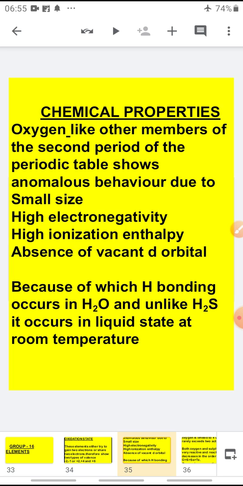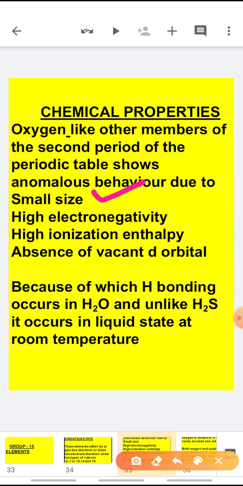It is the behavior which these second period elements alone show in their group due to some important characteristics: small size, high electronegativity, high ionization enthalpy, and the absence of vacant d orbital.